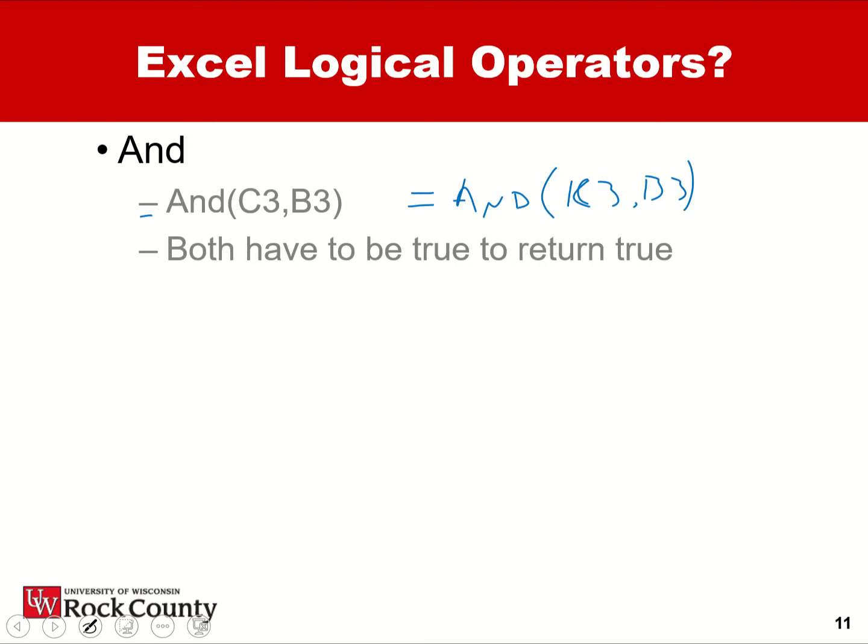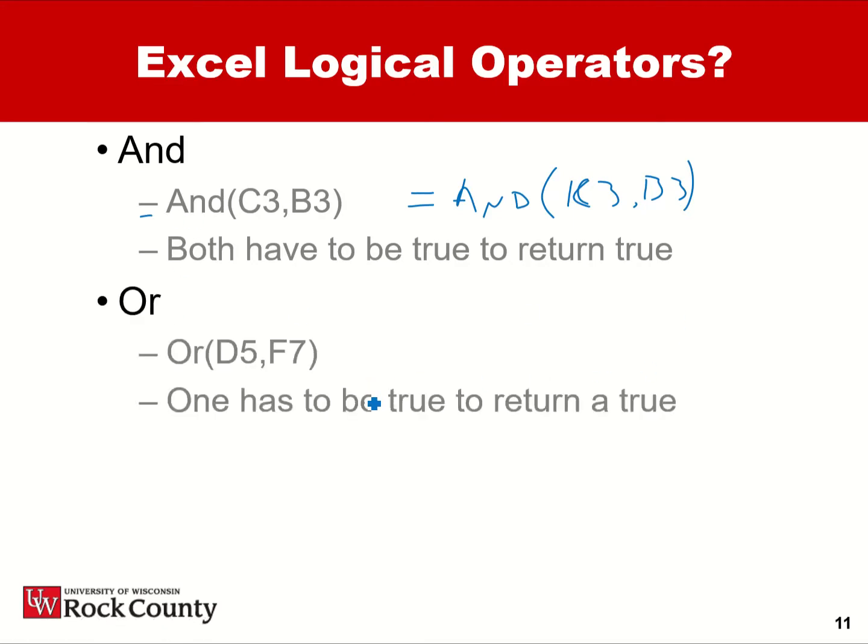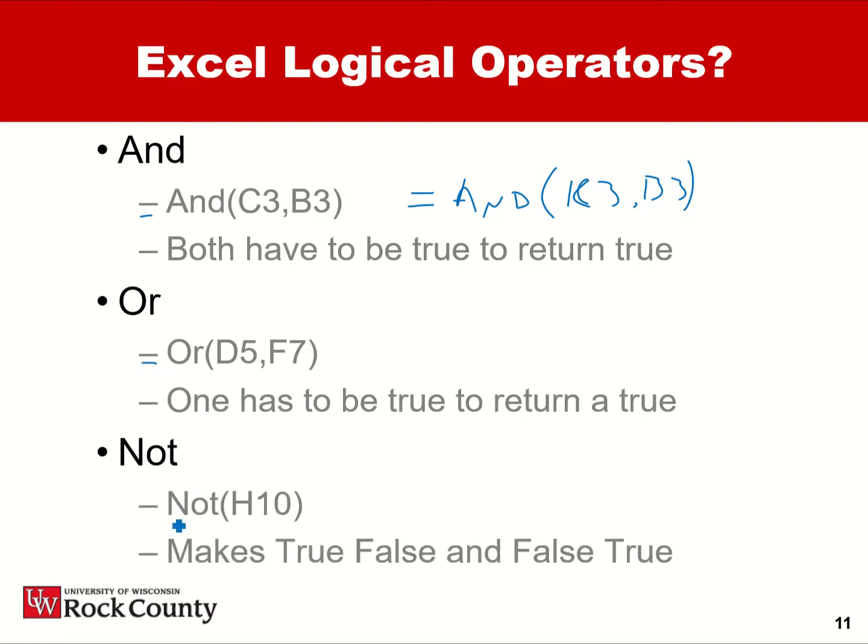Both those things have to be true, so whatever's in C3 and B3 needs to be true in order for this to be true. Or something could be OR, with an equals in front. And NOT just reverses it. It's like multiplying it times negative 1.